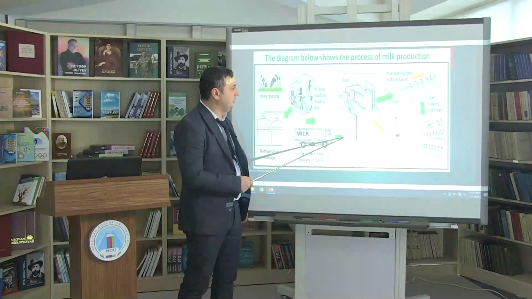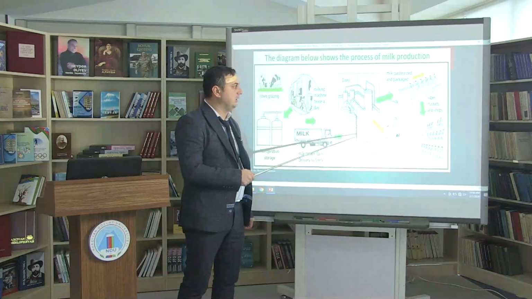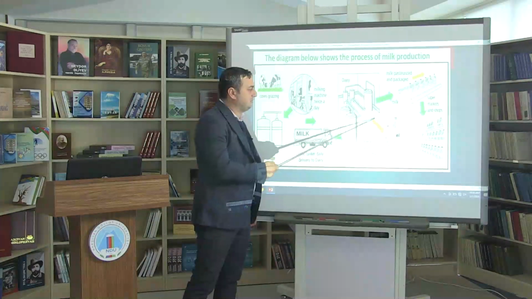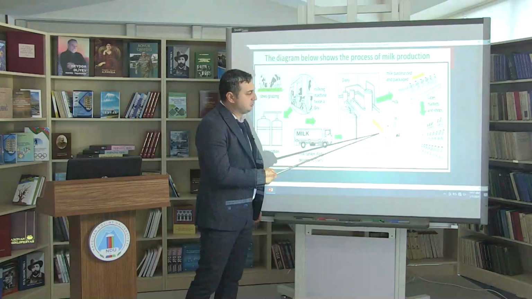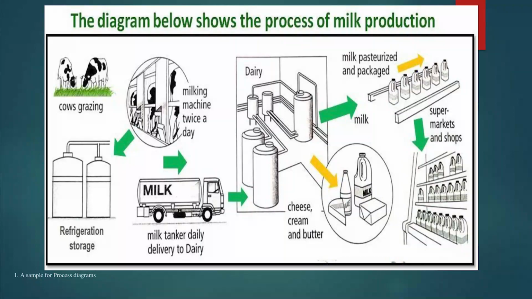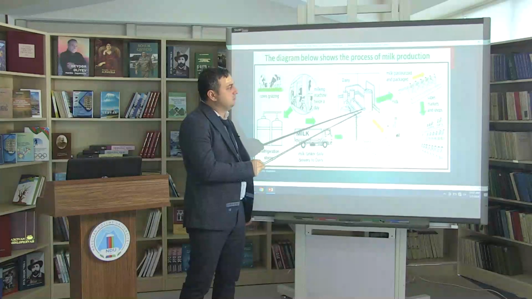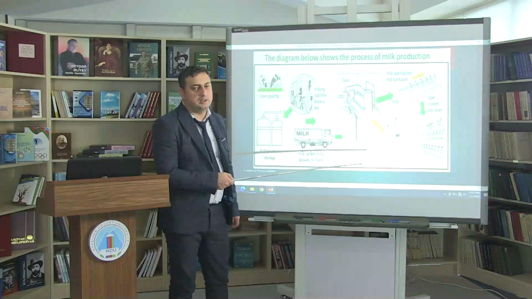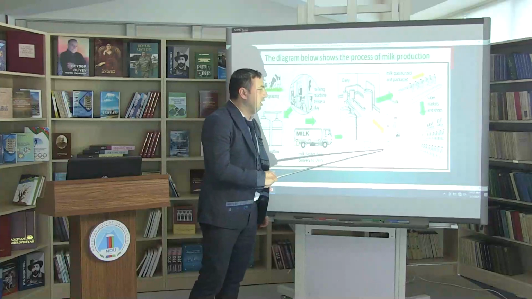Then in this dairy factory, as we see, there are two arrows here. One arrow shows that it is directly packaged, directly packed as cheese, cream, and butter. Then it is pasteurized and packaged and sent to the supermarkets to sell.